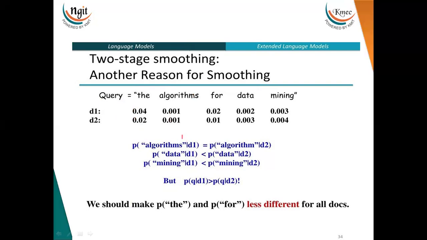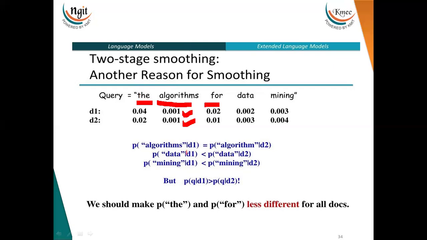Here you can see that for the algorithm term, both the probabilities are the same. But for the data term, in D1 it is less than D2. The mining term is less in D1 than D2. But don't forget the words the and for, which have more probability in D1 than D2.